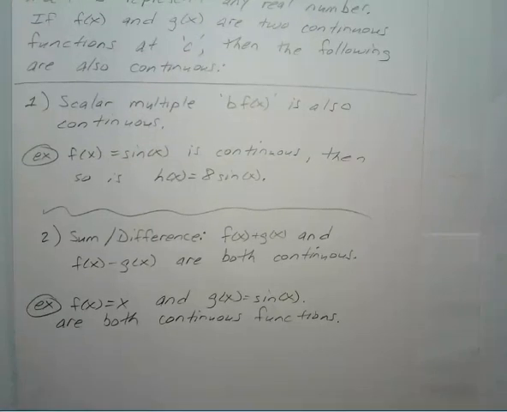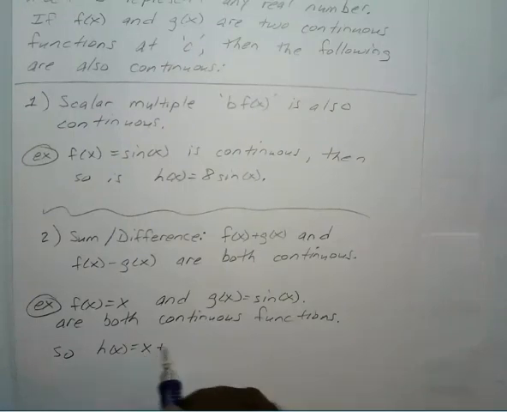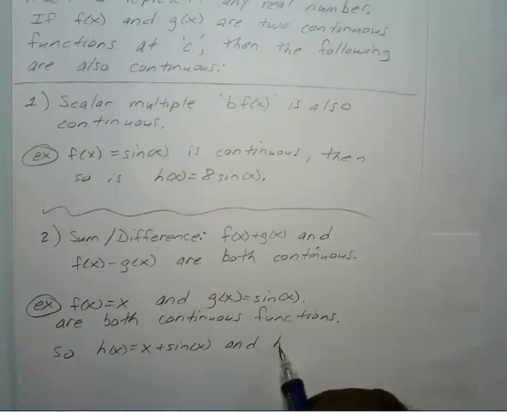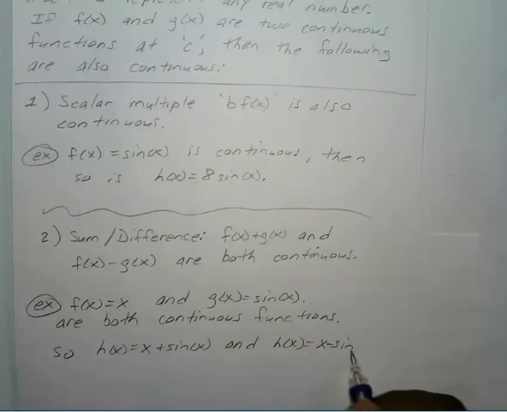Okay, so what does that tell us? So let's say if you have h of x will equal x plus sine of x, and let's say if you have some h of x equals x minus sine of x, or it could be sine of x minus x, it doesn't matter.